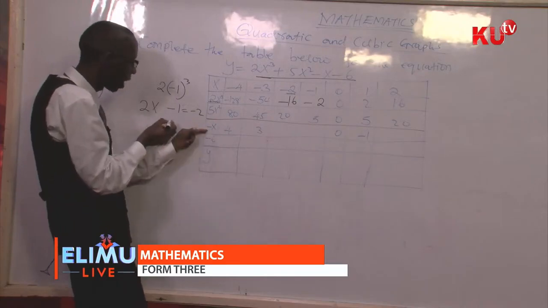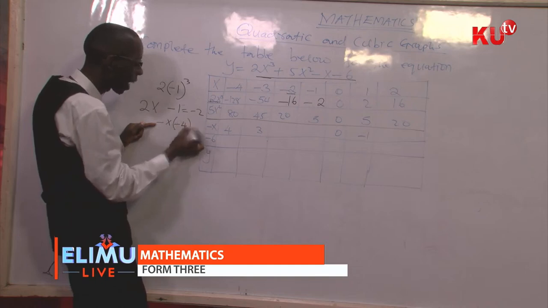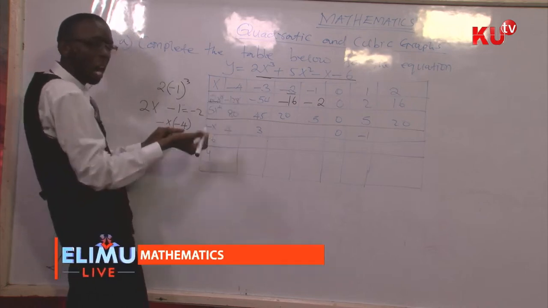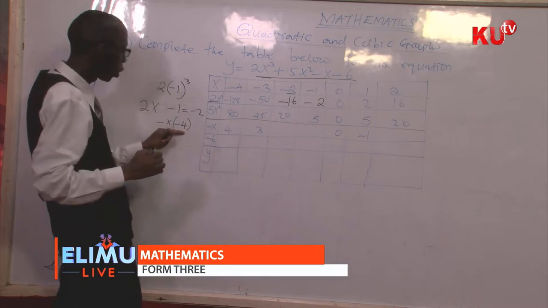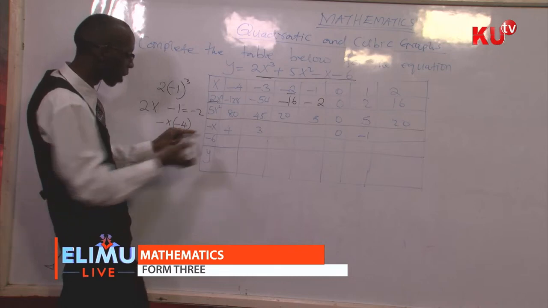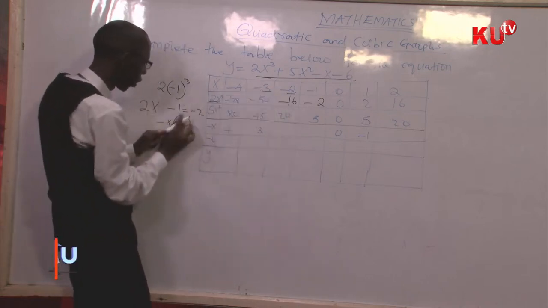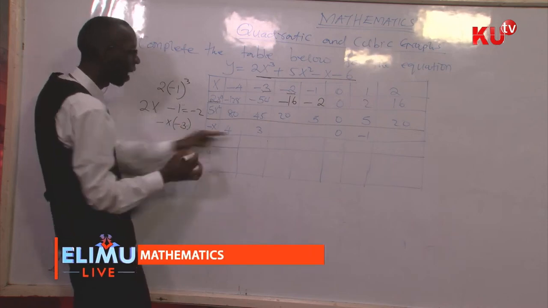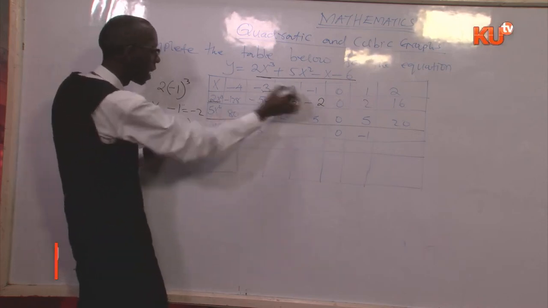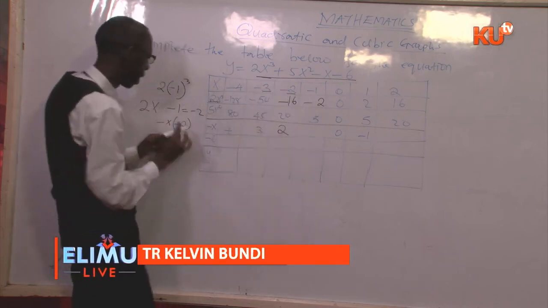We have this box here, negative x. Negative x is negative times the value of x, which is negative 4 in our case. Negative times negative 4 is positive 4, because we know that a negative multiplied by negative is positive. The same here, negative times negative 3 will give us positive 3.